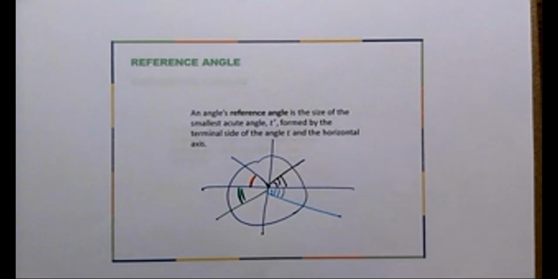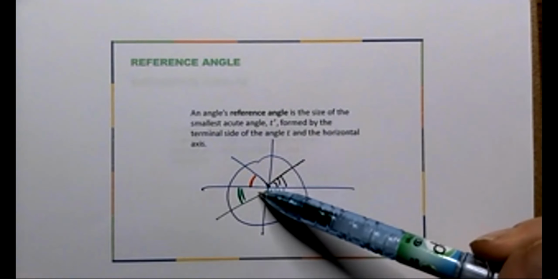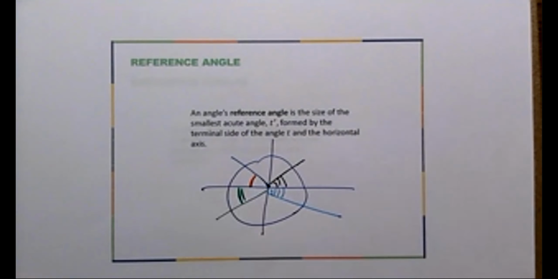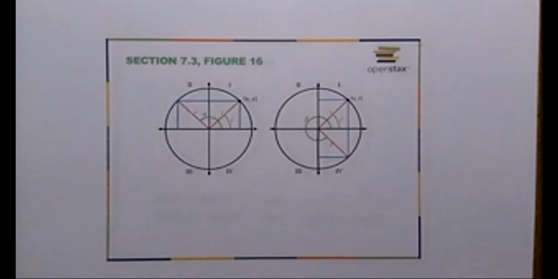So it's an acute angle between the terminal side of the angle and the x-axis again. So I hope you guys remember it now. And let's see what the next slide is. That's what the next slide is actually showing.